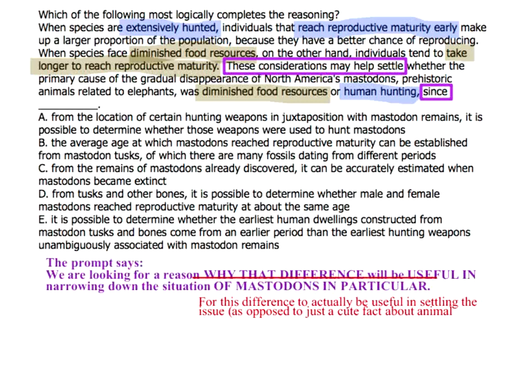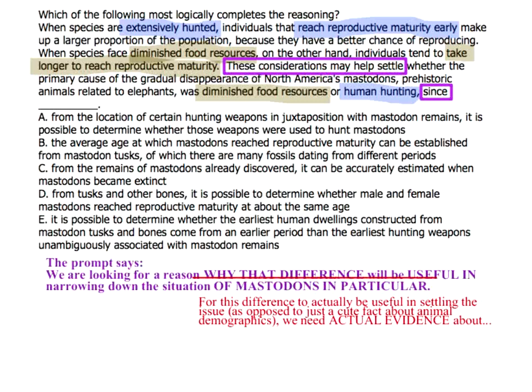we need actual evidence about what? Tell me in the chat box. Yeah, in other words, we need some sort of actual hard evidence of when mastodons reached maturity.